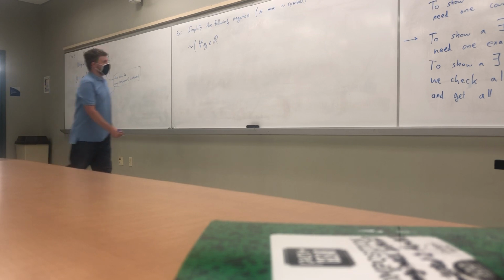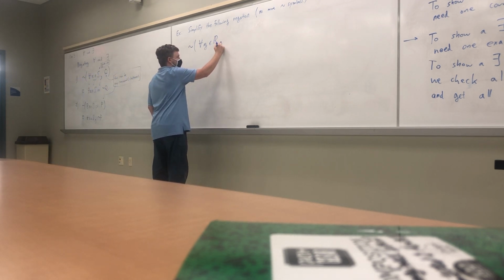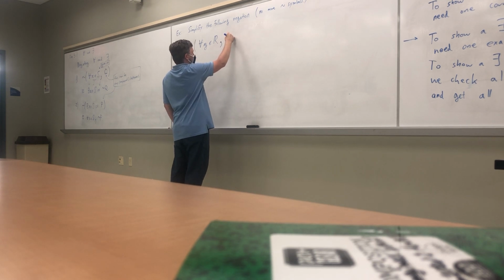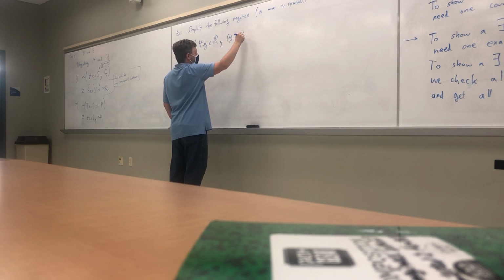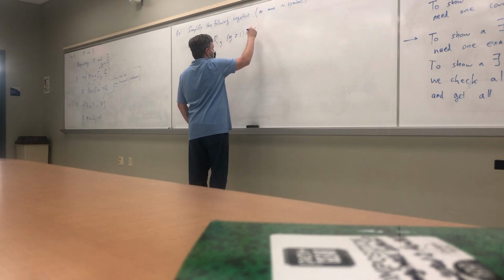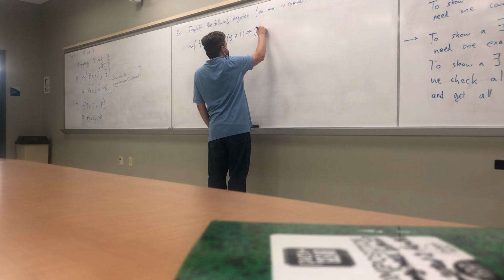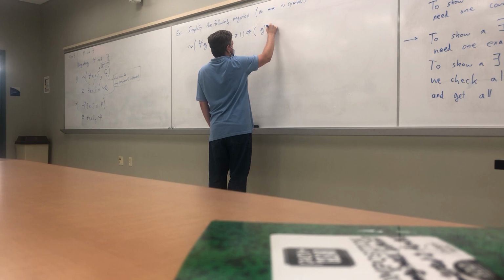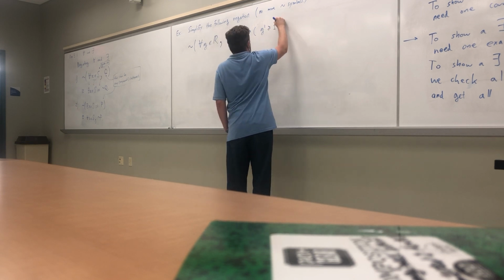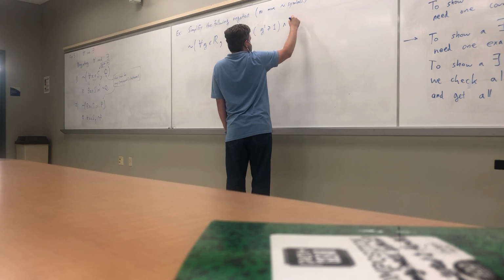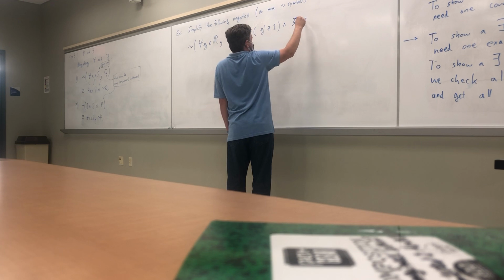Okay, so for all y element of R, comma, let's go with y is greater than or equal to 1 implies y squared greater than or equal to 1 and 3y greater than or equal to 30.